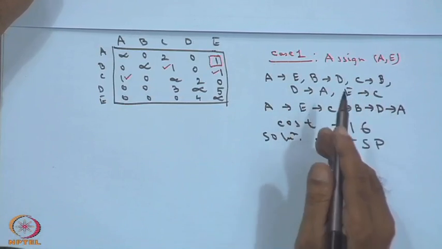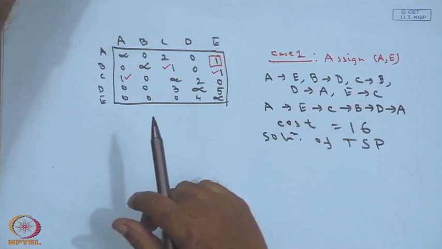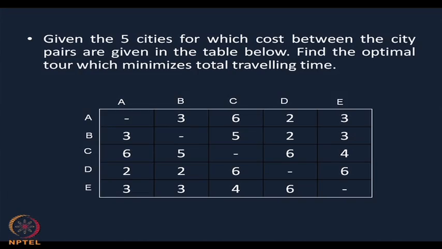So, the solution of the travelling salesman problem is not unique, that we have to understand. So, this we did by converting the travelling salesman problem into an assignment problem, and then you find out the shortest route where the cost will be minimum.